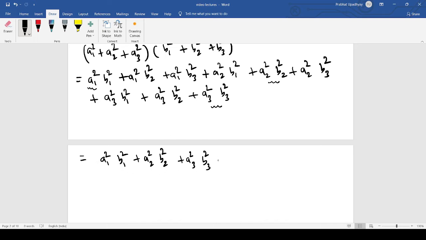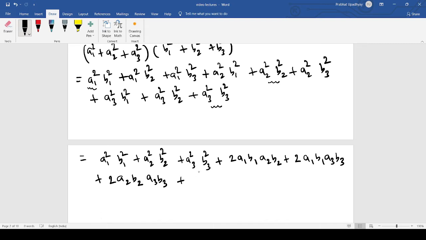So I will add 2 times a1 b1 into a2 b2 plus 2 times a1 b1 into a3 b3 plus 2 times a2 b2 into a3 b3. So this total will give you the complete square of (a1 b1 plus a2 b2 plus a3 b3).